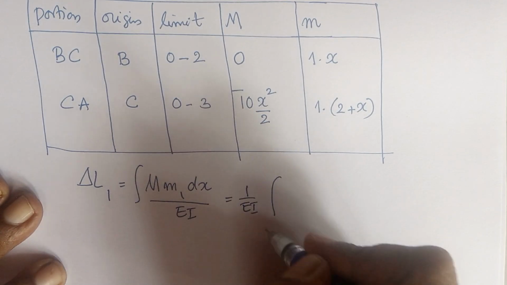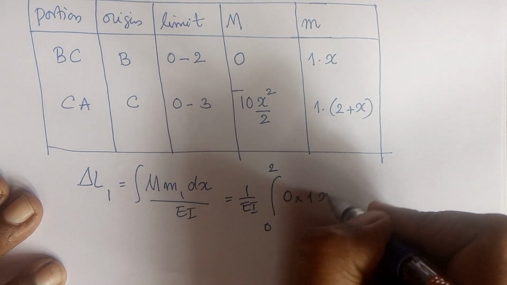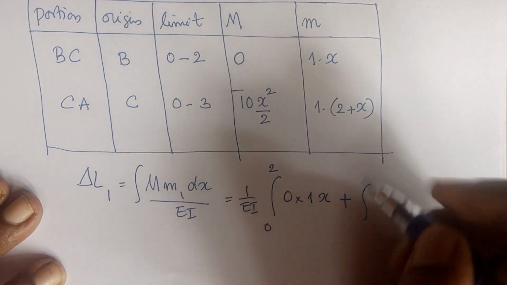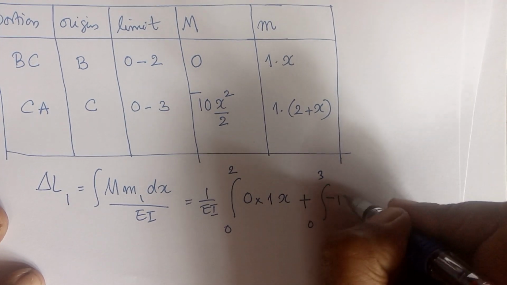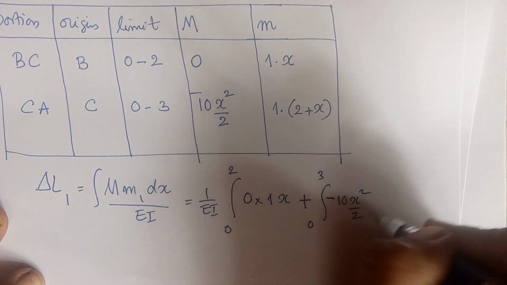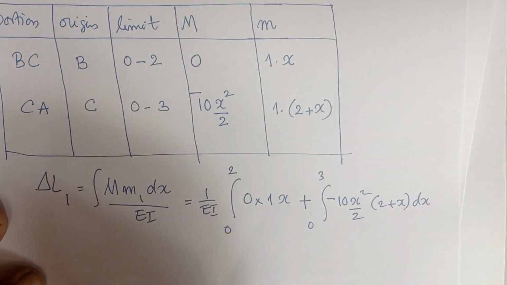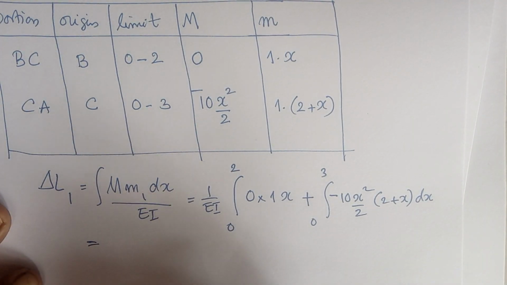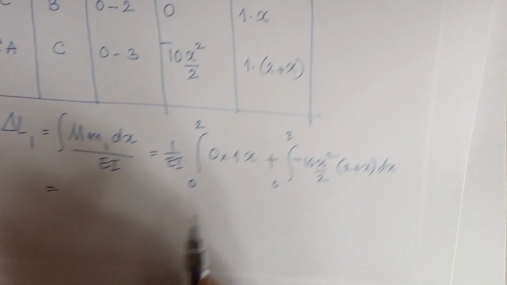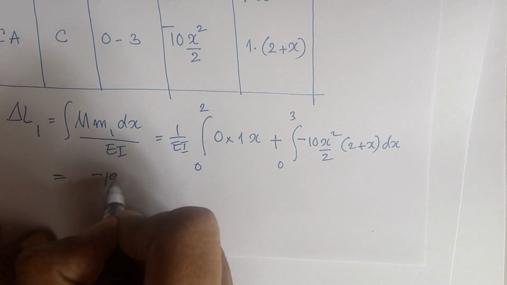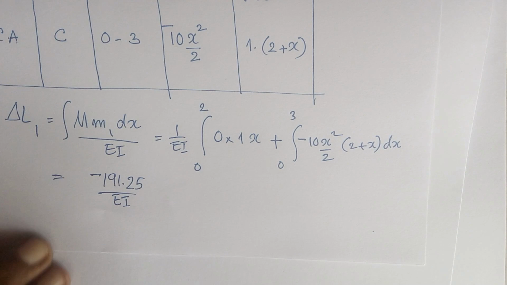First 0 to 2 of 0, plus second portion 0 to 3 of minus 10x square by 2 into 2 plus x dx. Integrating this, integration you can do, we'll get the answer. Substituting the limits, we'll get it as minus 191.25 by EI.